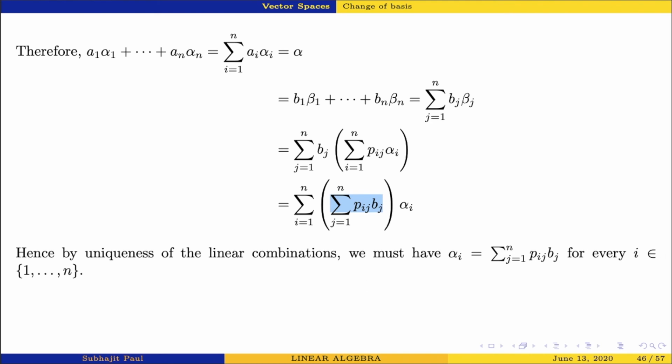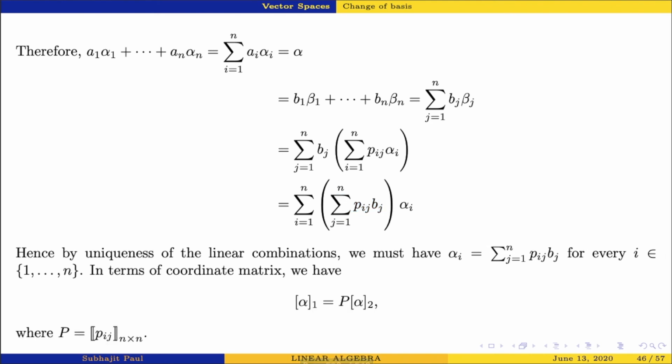In terms of the coordinate matrix, it turns out that the coordinates of alpha with respect to the first basis B1 is P times the coordinate of alpha with respect to the second basis, where P is this matrix P_ij.